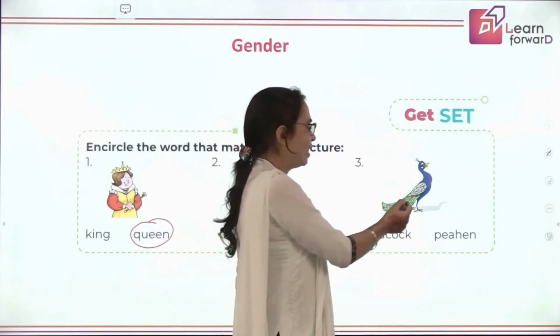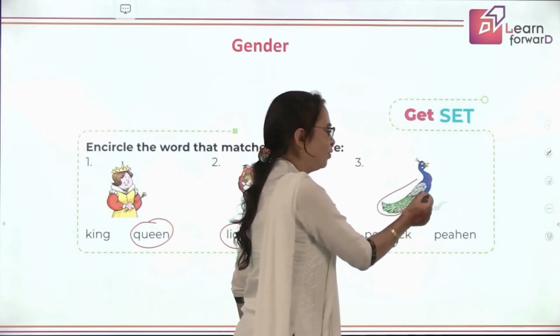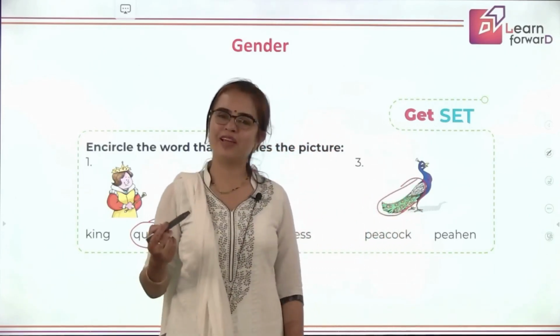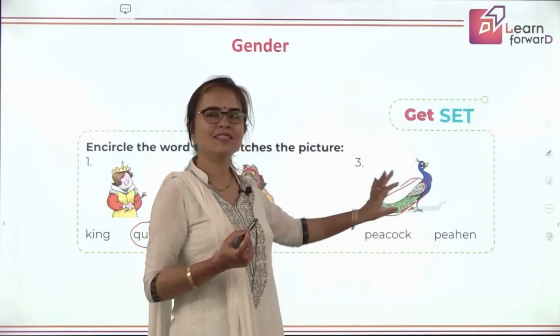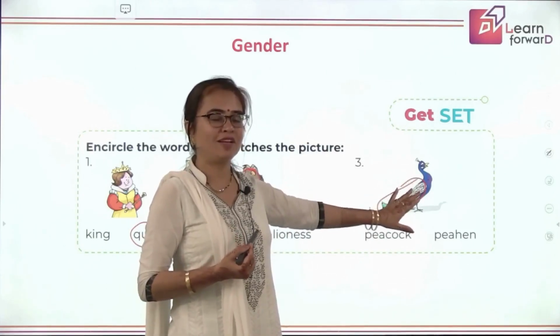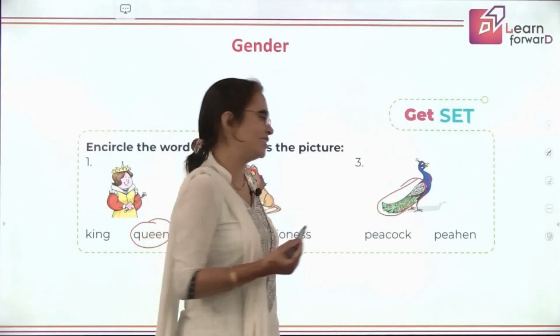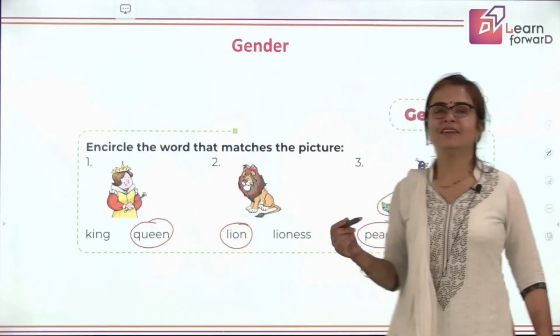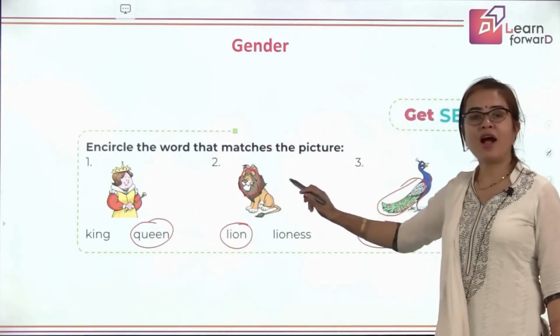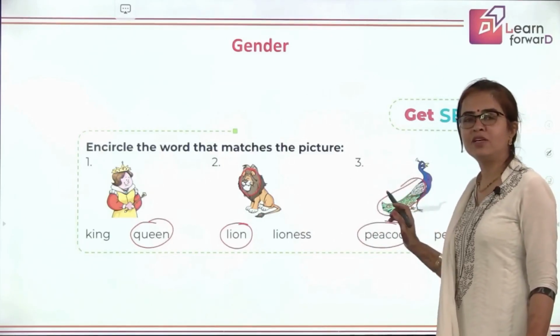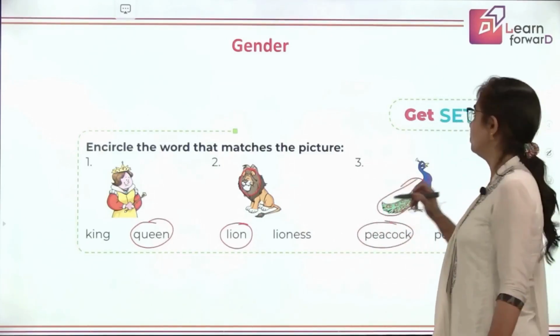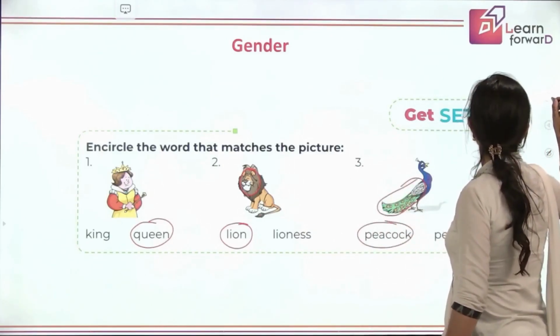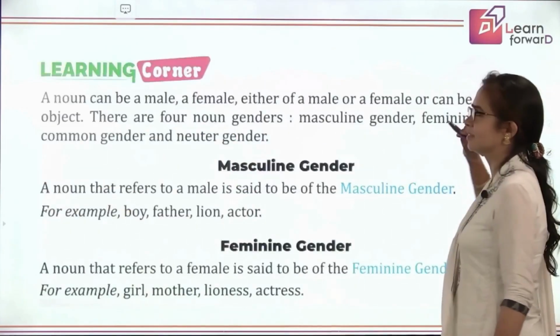It doesn't have this beautiful tail of colorful feathers. So what is this? It has got those beautiful feathers. This is a peacock, right? So got it? Have you understood how to identify the two? Yes, and remember this: the mane and the beautiful tail of feathers.